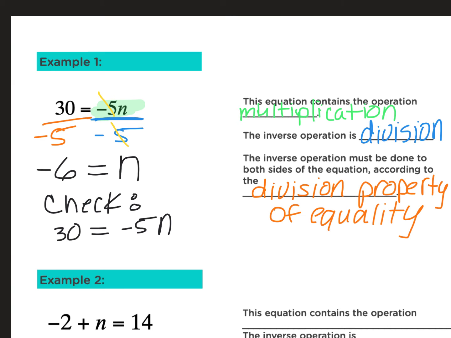So we're going to take, what did we get for our solution? We got -6, correct? So I'm going to substitute into that problem -5 times -6. What's 5 times 6? 30. A negative times a negative is a positive. So does it balance out on both sides?